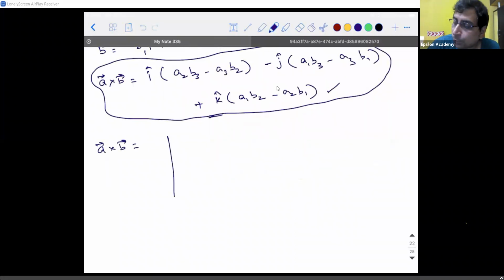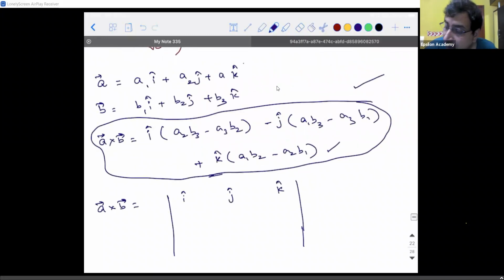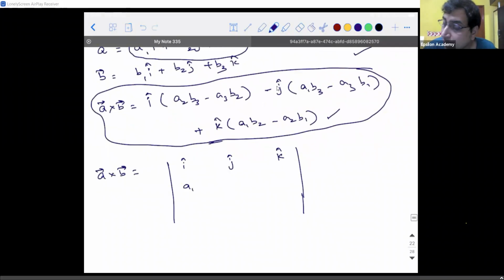What are the determinants for the matrix? i cap, j cap, and k cap. What should I write at the bottom? A1, A2, and coefficients. Very good. I should write the coefficients of the first vector. Here in A vector cross B vector, this is first and this is second. So write the coefficients of the first vector in the second row and the coefficients of the second vector in the third row.